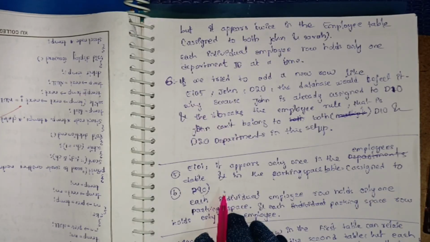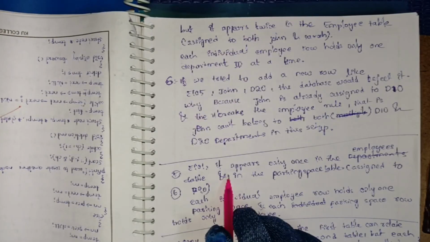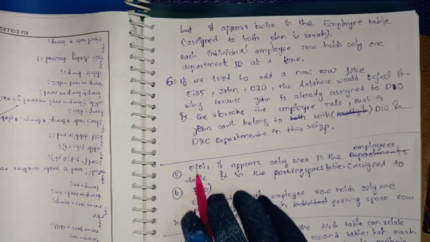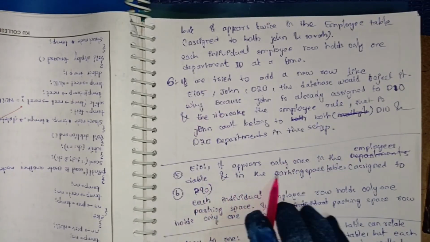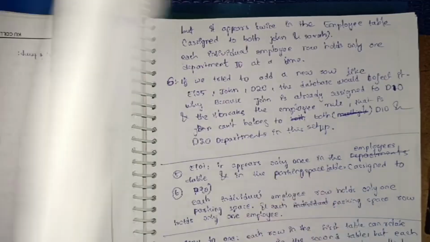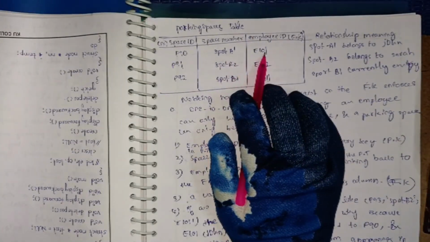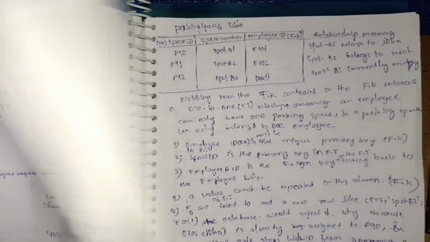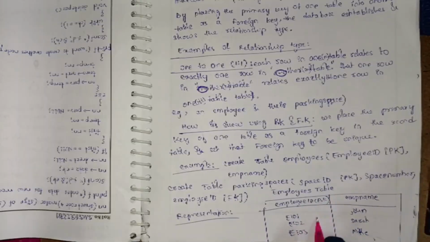So in case of one-to-one relationship type, E101 appears only once in the employees table and in the parking space table. E101 only appears once in the parking space table and in the employee table.